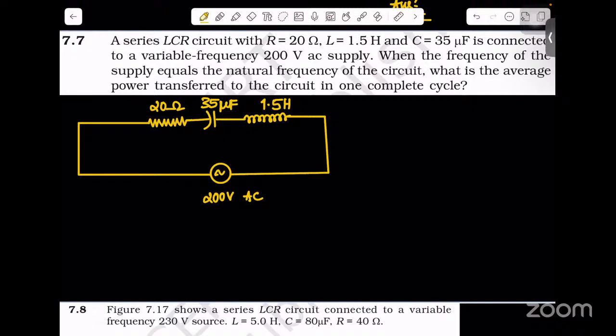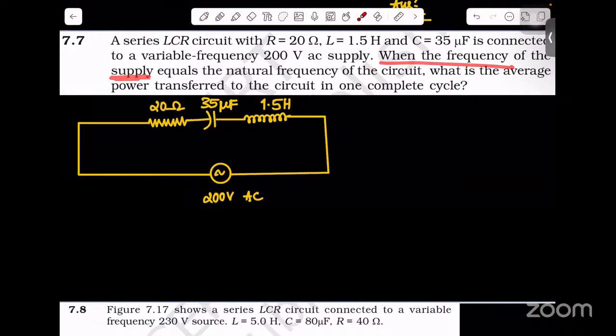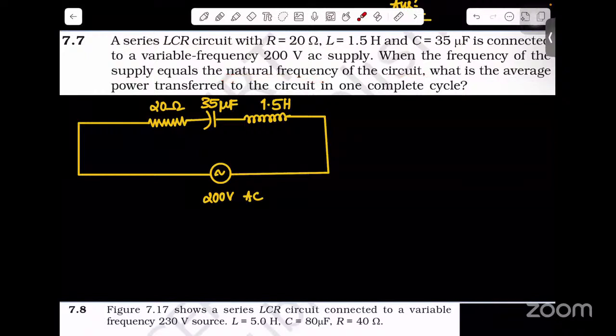So we have the values over here. And when the frequency of the supply equals the natural frequency of the circuit, that is when they are in resonance, what is the average power transferred to the circuit in one complete cycle? Okay.